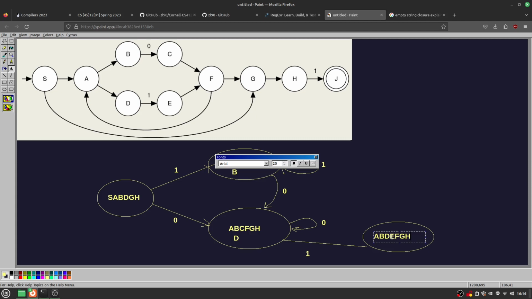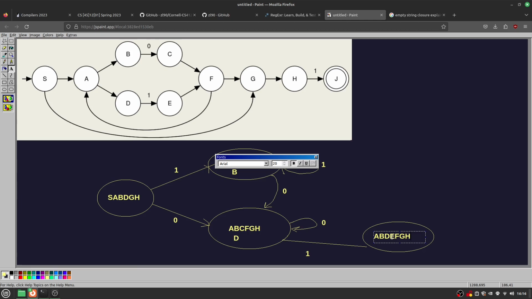From D, if we take a 1, we can get to pretty much the same. So we can get to D, E, F, G, H, and A and B. From E, pretty much the same.